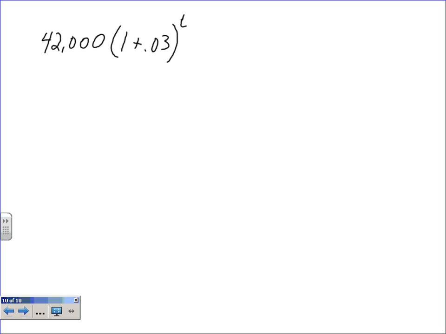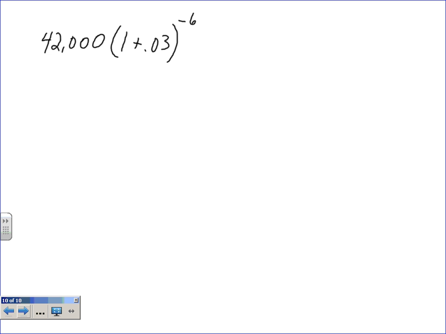Now I bought this car 6 years ago. How much should that car have cost 6 years ago, growing at that rate? What do you put in for time? A negative number. You don't change anything else, but you change the time, and we're going to put that to the -6. Okay? And that will tell you.